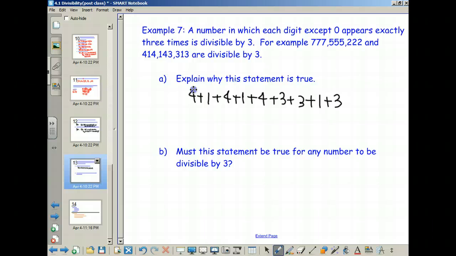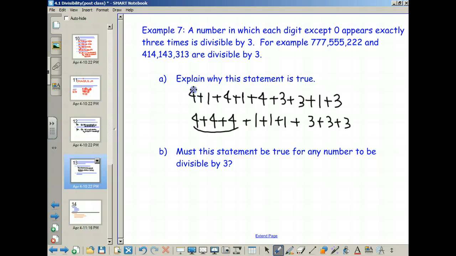I could put all the 4s in the front. I've got 4, 4, and 4. There's 3 of those. I have 1, 1, and 1. There's 3 of those. And I have 3, 3, and 3, and there's 3 of those. And what Lauren just said is that repeated addition, which is what this is, can be written as multiplication.